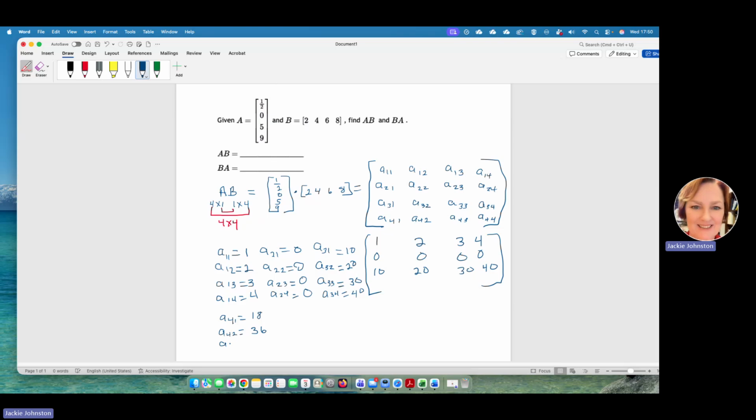And we got row 4, column 3. So row 4 in the first one, column 3, 9 times 6. And then row 4, column 4, which would be 9 times 8, which is 72.